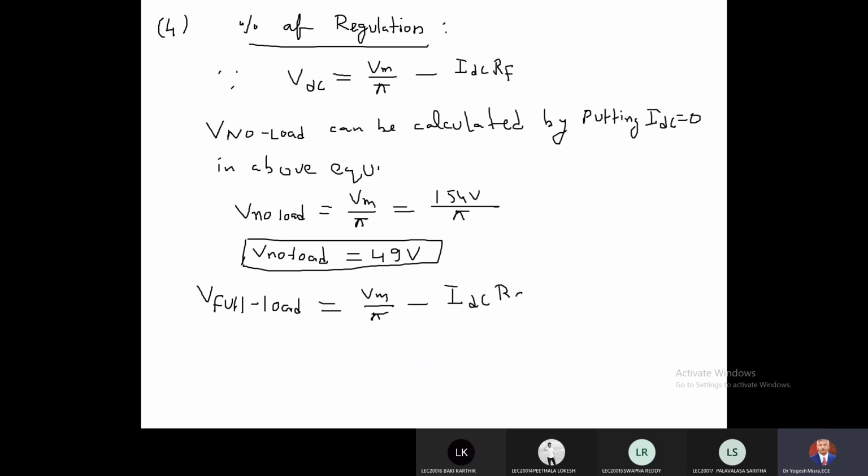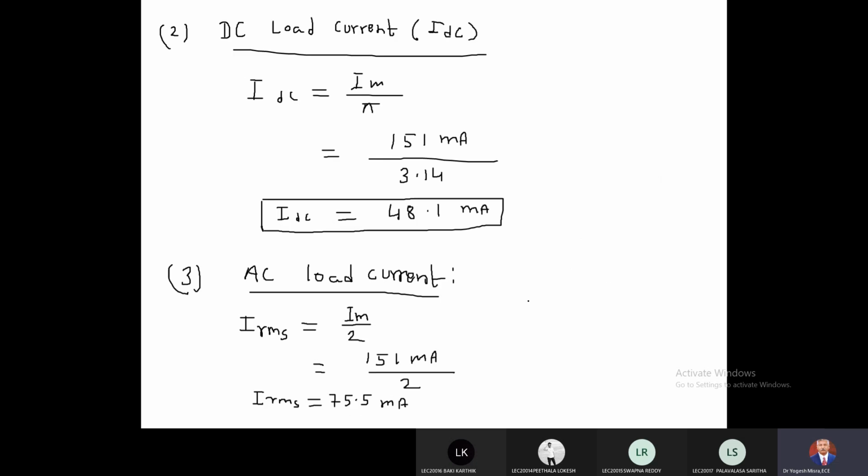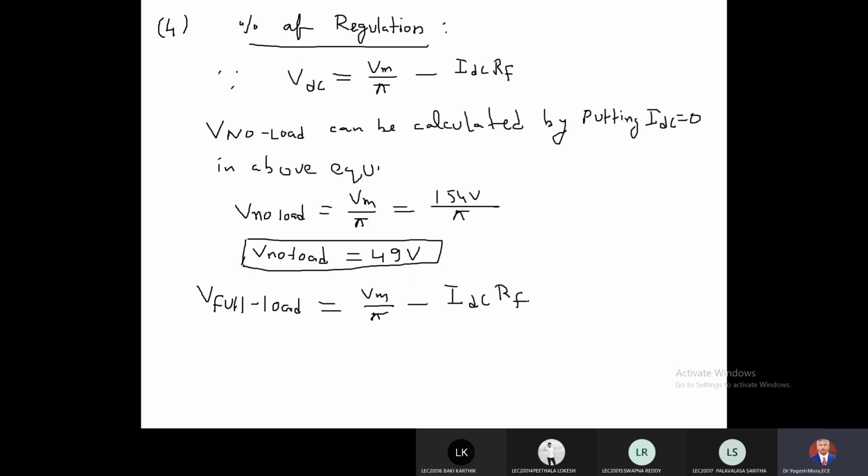In this we will put the value of IDC now, because now we have connected the RL resistor for calculating the voltage at full load. So if RL is there, then current IDC will start flowing. IDC value we have calculated as 48.1 milliampere, right? That we will use here in this expression.